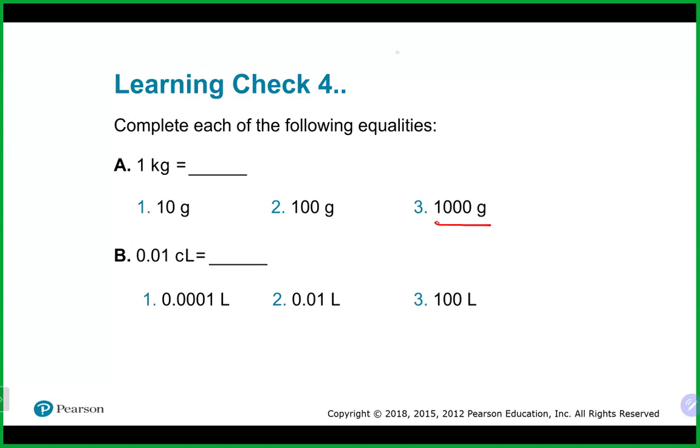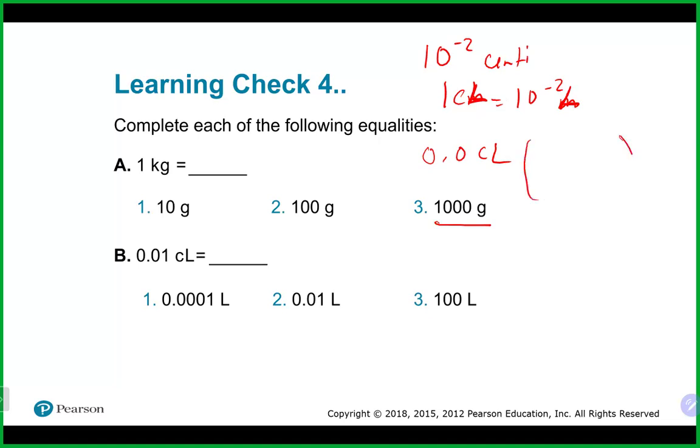If we're not sure, we could take a look at this. We have 10 to the minus 2 for centi, right? That means in 1 centimeter there are 10 to the minus 2 meters. In this case we are starting with centiliters. I guess I should use centiliters and liters here. That'd be a better conversion.